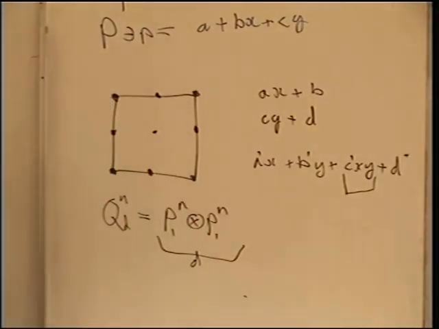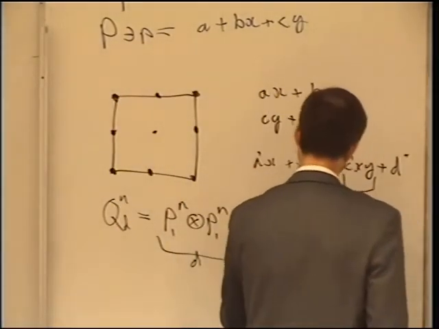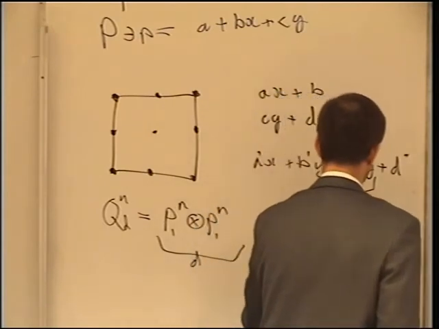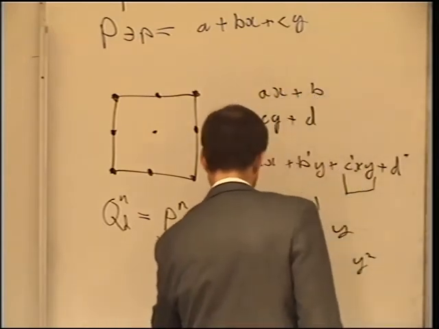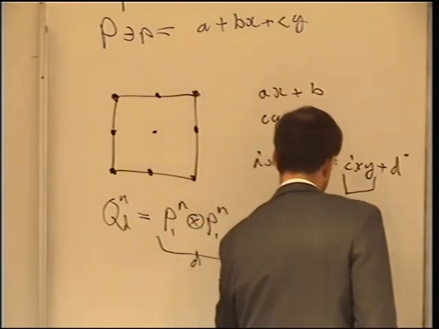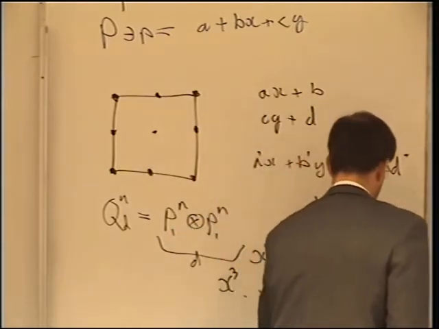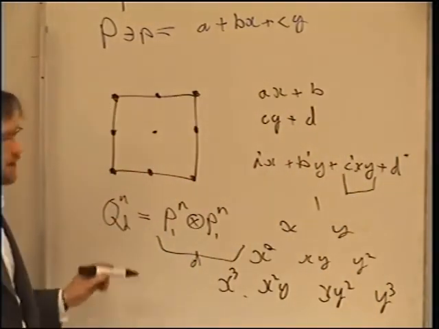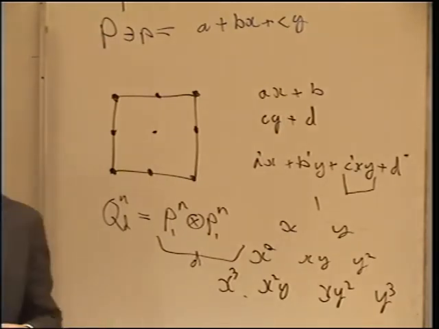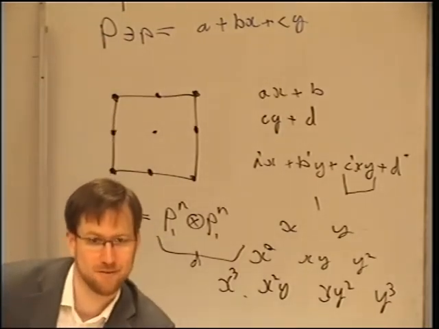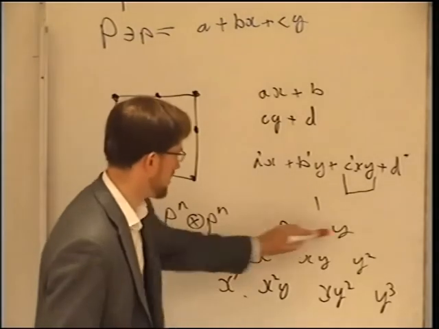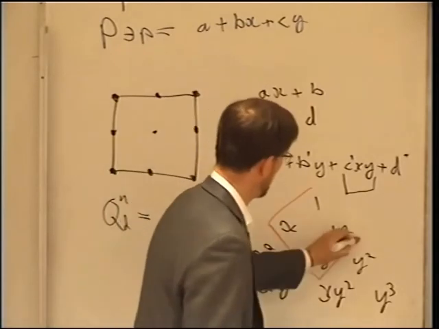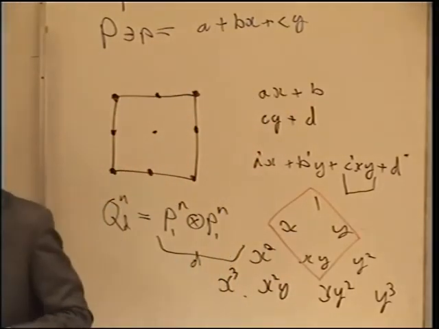And what actually happens, let's put Pascal's triangle back up, is you get 1, x, y, x squared, xy, y squared, x cubed, x squared y, x y squared, y cubed, and so on. These elements draw not a triangle on Pascal's triangle, but a diamond. So the triangular elements just cut off bits of the top of Pascal's triangle. What these do is they cut these things out.